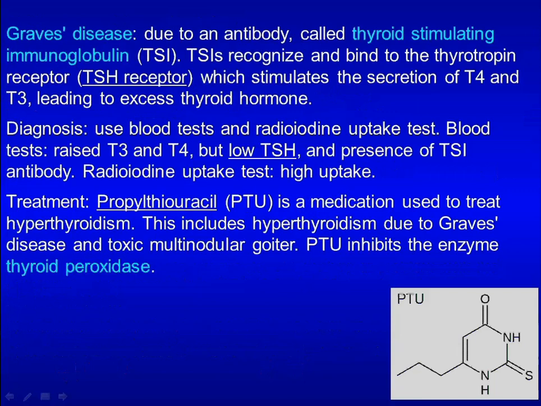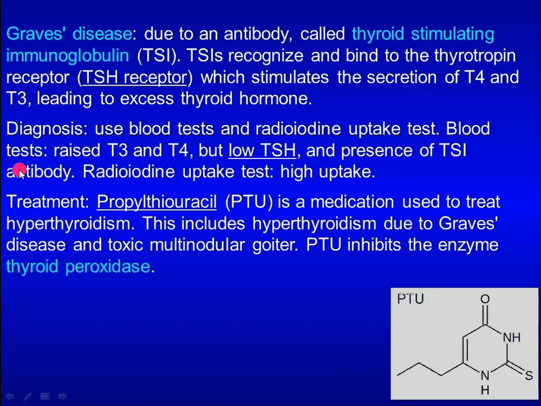Graves' disease is caused by an antibody called thyroid stimulating immunoglobulin, or TSI. TSIs recognize and bind to the TSH receptor, which stimulates the secretion of T4 and T3, leading to excess thyroid hormone. For diagnosis, use blood tests and radioiodine uptake test.